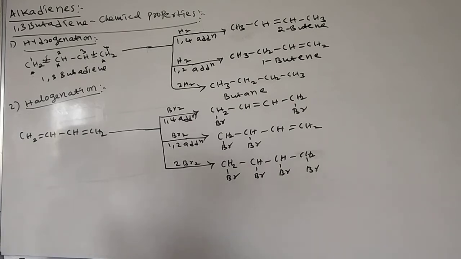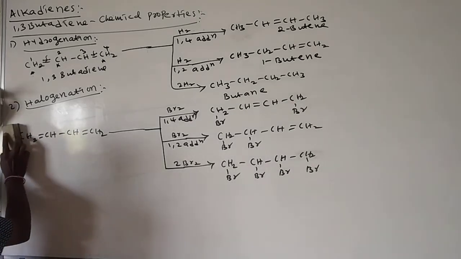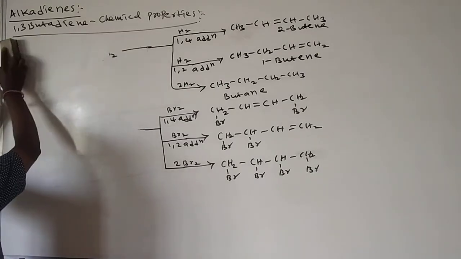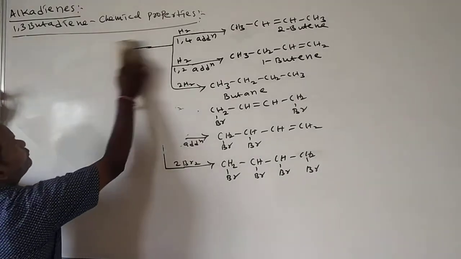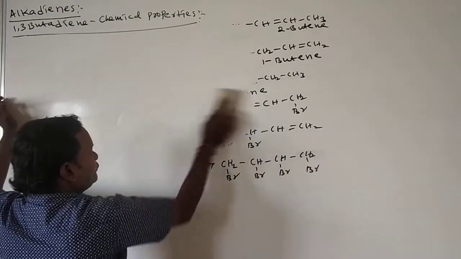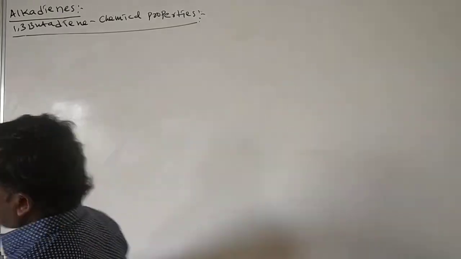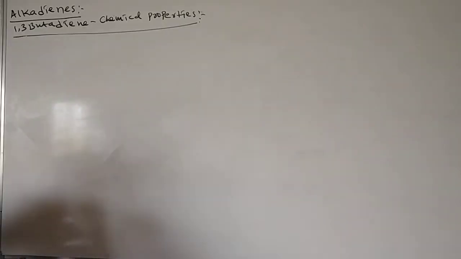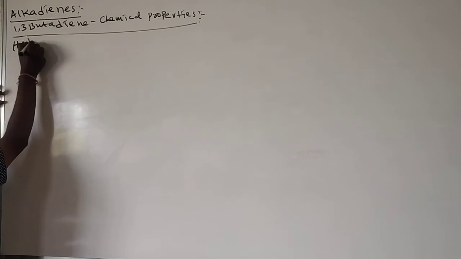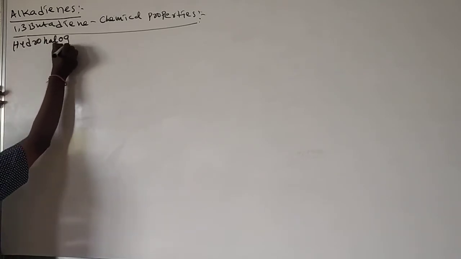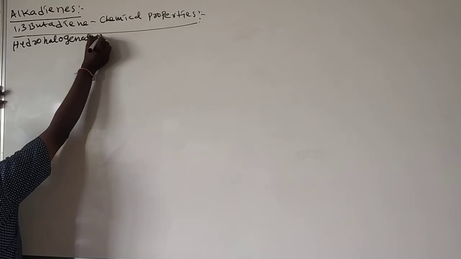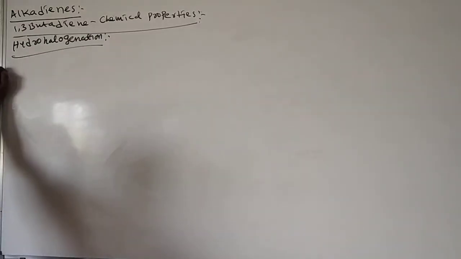Then in continuation, we will see hydrohalogenation. Hydrohalogenation means addition of HBr, HCl, HI.